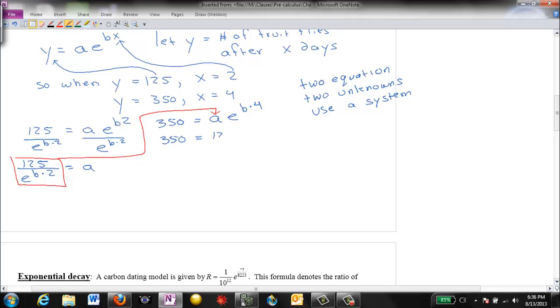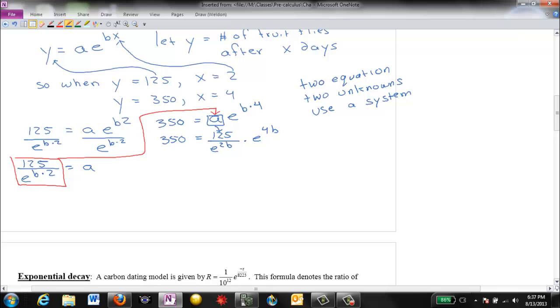I'm going to have 125 divided by e to the 2b times e to the 4b. Right, so this a became this right here. And now what I have, by making that substitution, I have an equation in terms of one variable, b, and I can solve for that variable b.